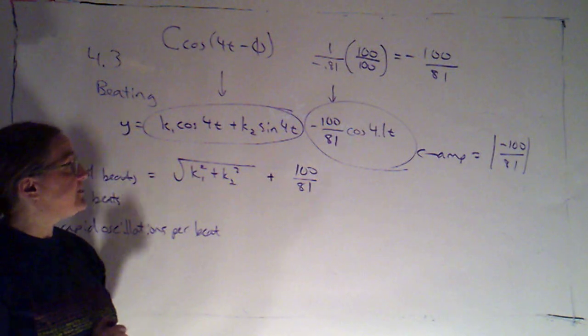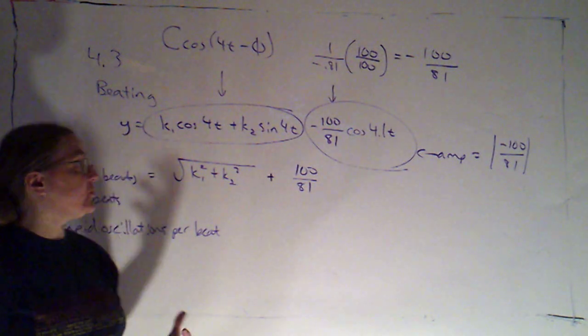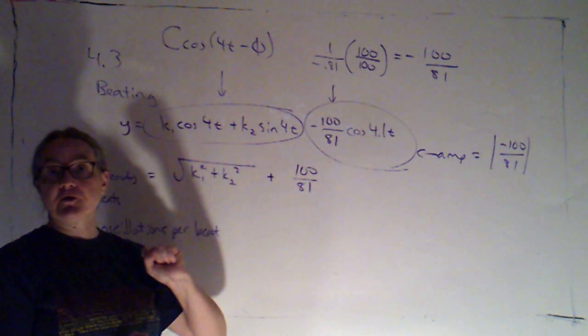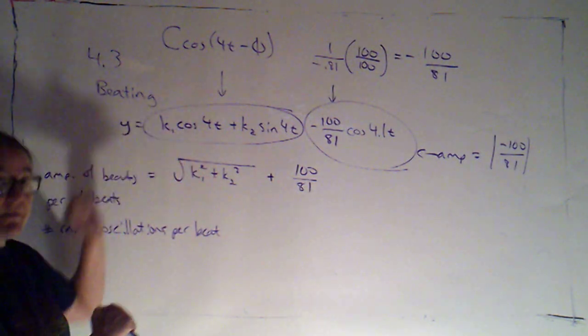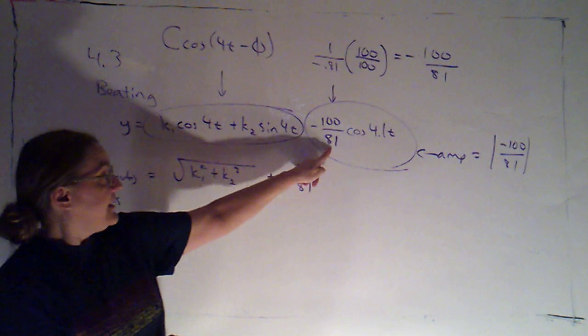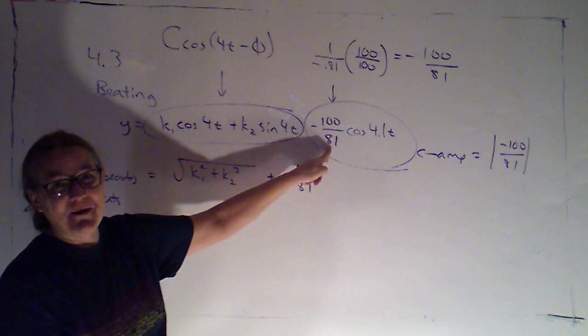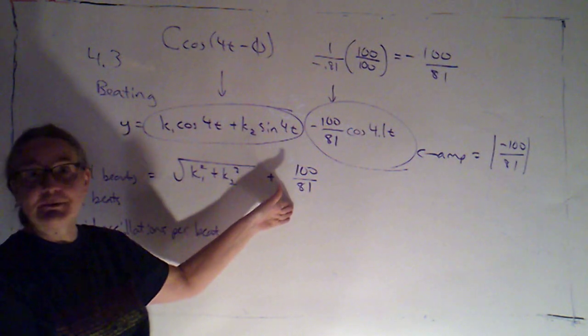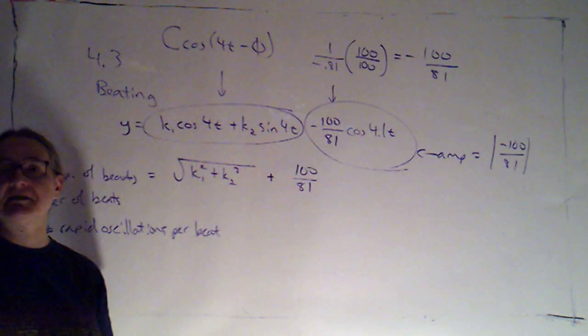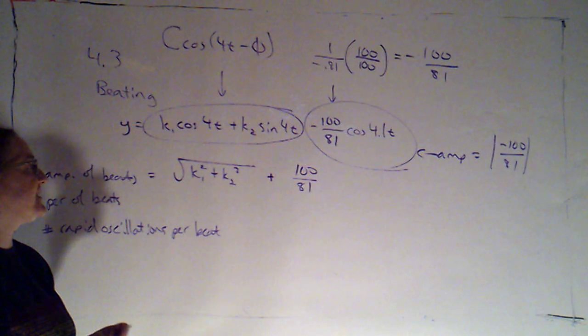So the amplitude is the absolute value of the coefficient in front of your trig function. Now here, this is not negative, so I don't need to worry about an absolute value sign. You've got a 50-50 chance that this is going to be positive or negative. If it's positive, I can just take that number and that's the amplitude, but if it's negative, I have to take the absolute value, which involves changing the sign.